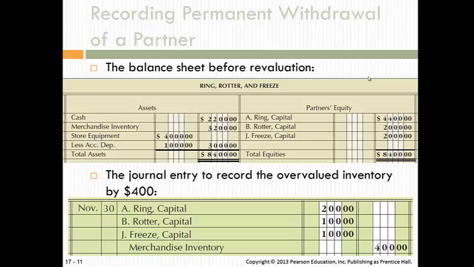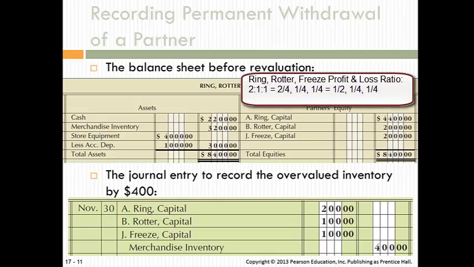We reduce the merchandise inventory account by crediting $400. We debit each partner's capital account according to how the partnership agreement says losses are to be treated. In the example, it says on page 631, Ring, Rotter, and Freeze have a profit and loss ratio of 1/2, 1/4, and 1/4 respectively.